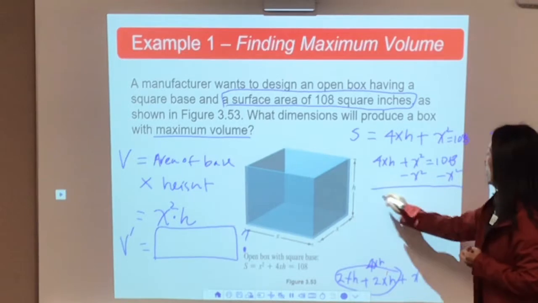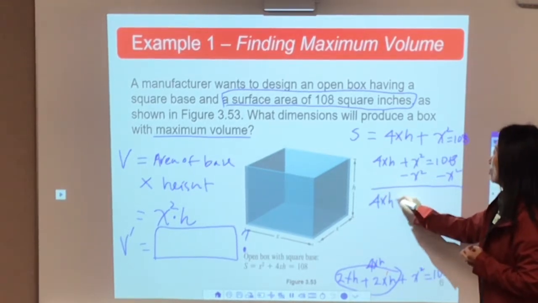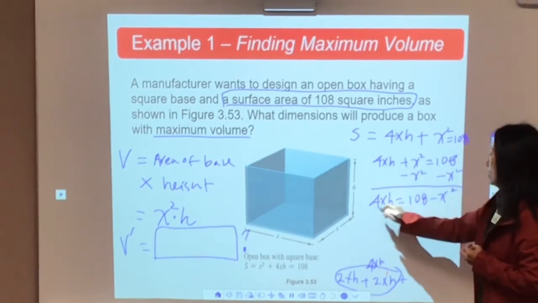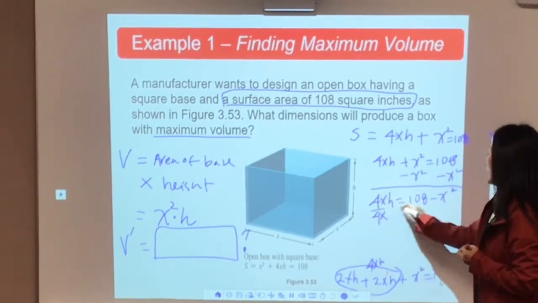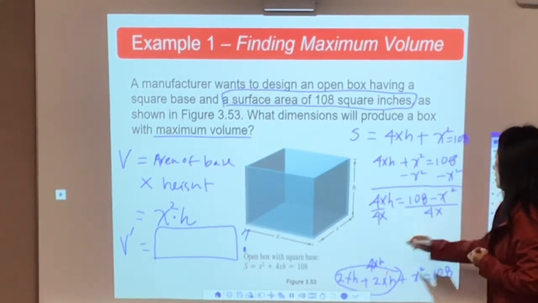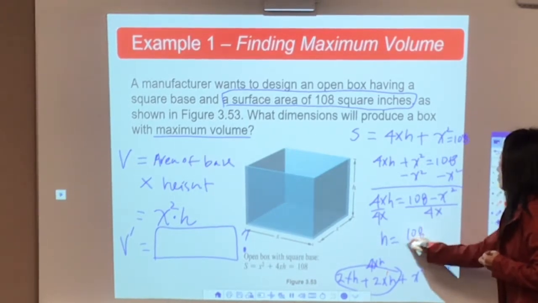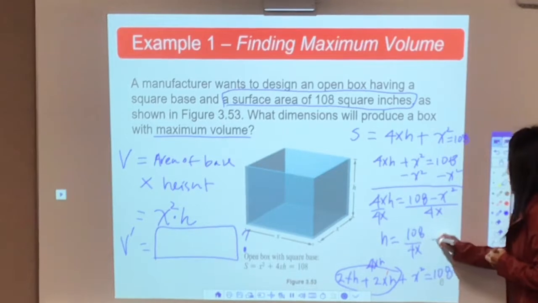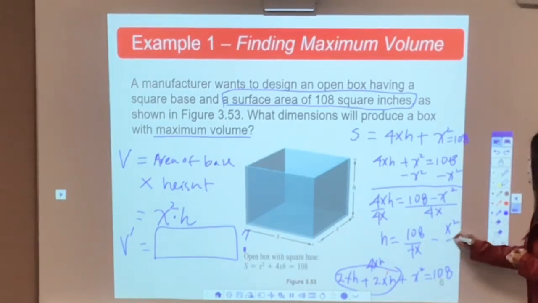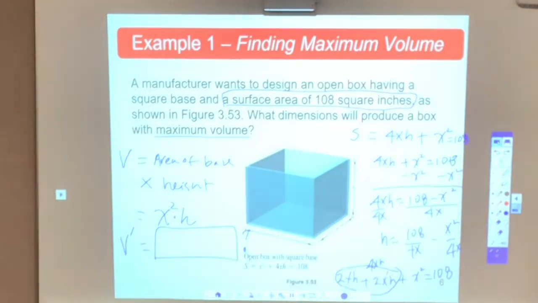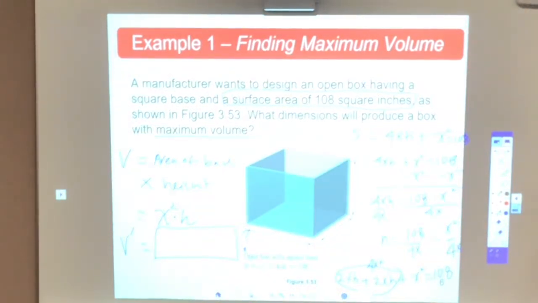So 4xh equals 108 minus x squared, divided by 4x. So h is equal to 108 over 4x minus x squared over 4x. Is everybody following me?